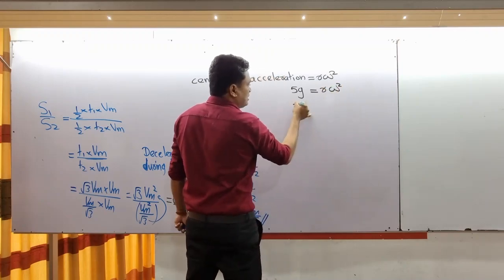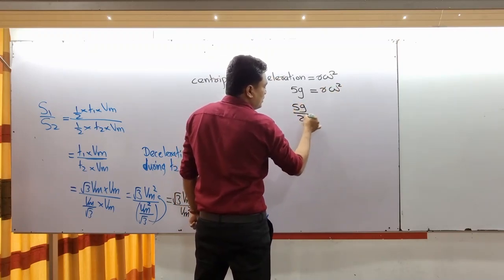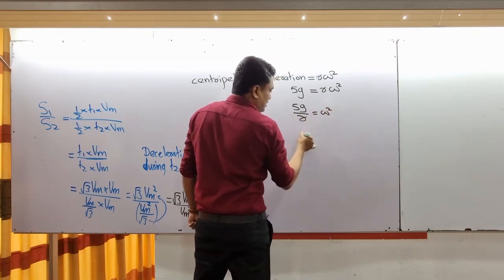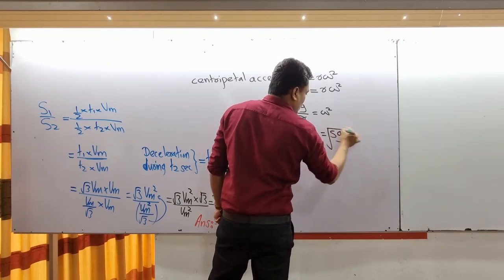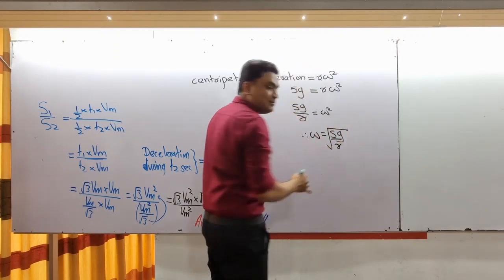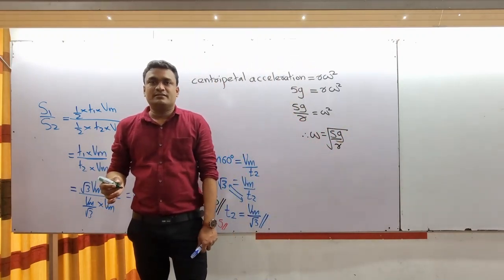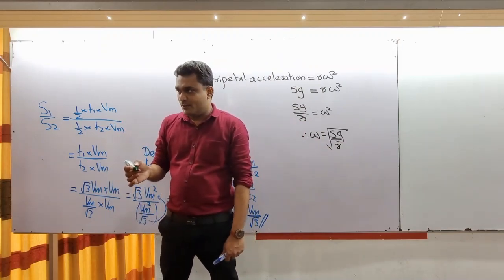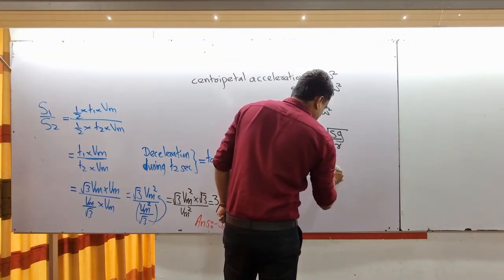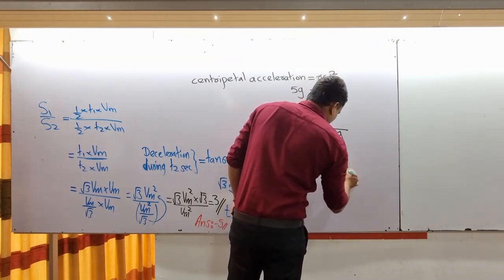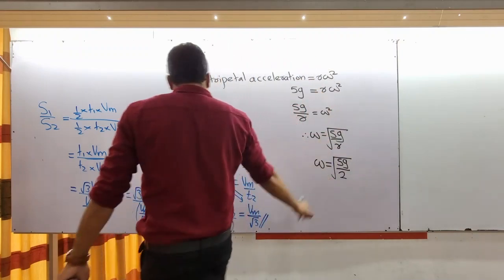If I take r to this side, 5g over r equals omega squared. Therefore omega is the square root of 5g over r. But r is given as how many meters here? Harry is moving along a circular path of radius 2 meters. Therefore omega is the square root of 5g over 2.